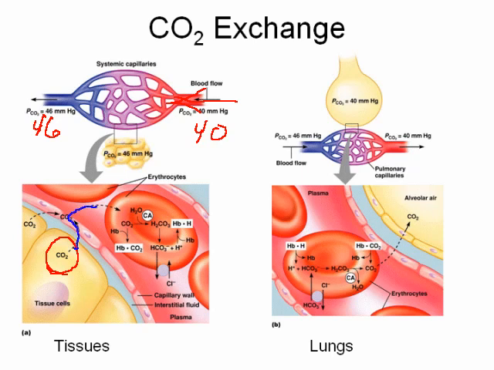The CO2 is diffusing down its partial pressure gradient, and in the equation that we see here, the CO2 plus water forms carbonic acid, which dissociates into bicarbonate and hydrogen ion, and then the bicarbonate is going to diffuse out of the cell. This chloride shown here, there's actually an exchange of chloride for bicarbonate, because we're losing a negatively charged ion here. In order to maintain electrical neutrality, we have to take on another negatively charged ion in exchange. So there is a bicarbonate and chloride exchange going on here.